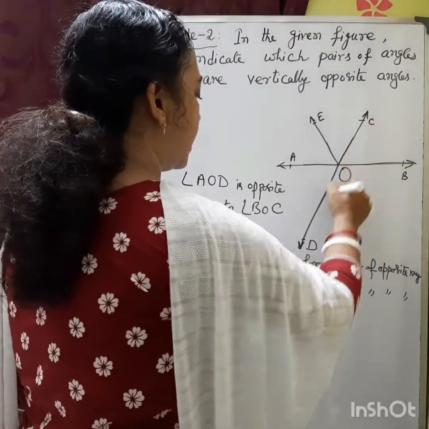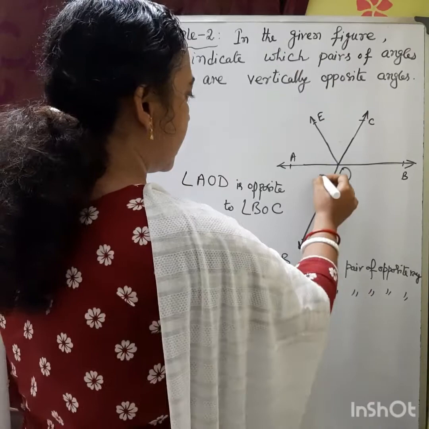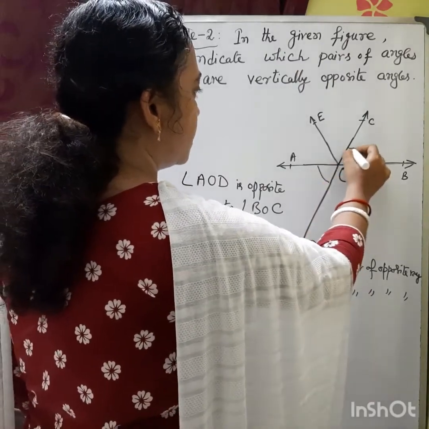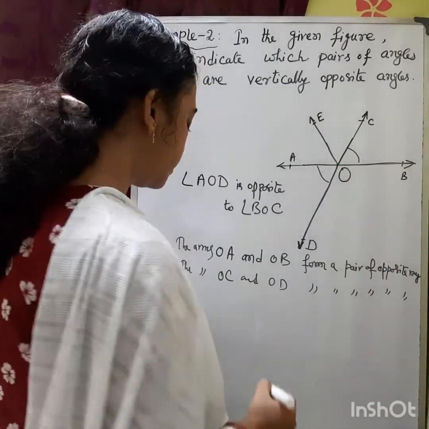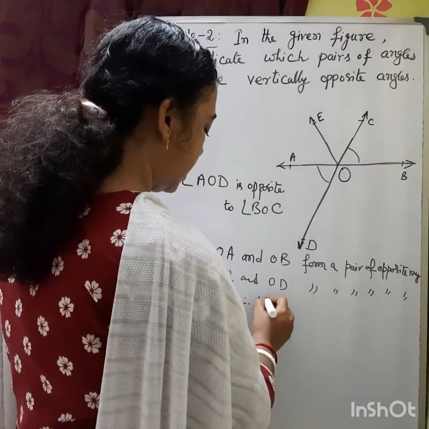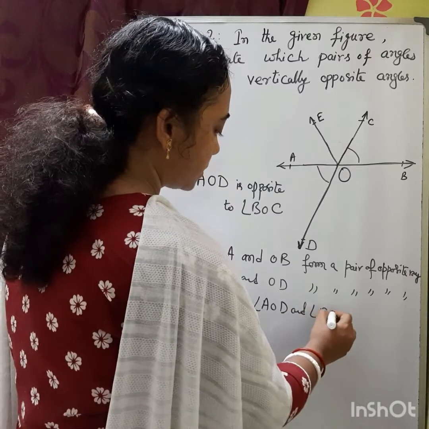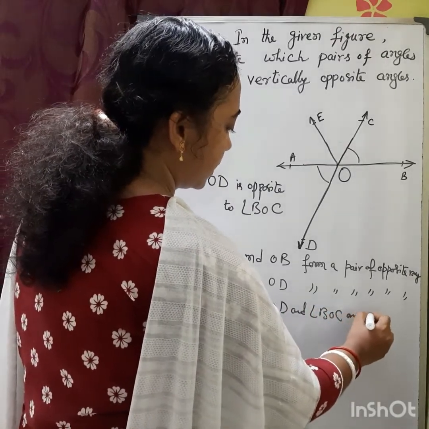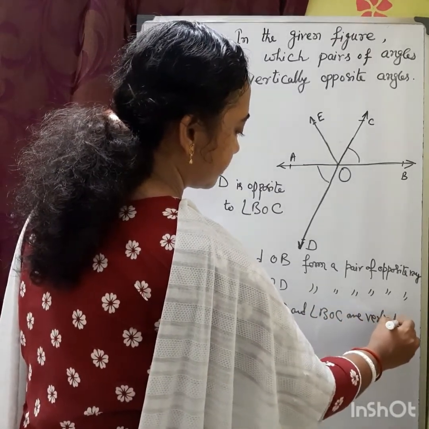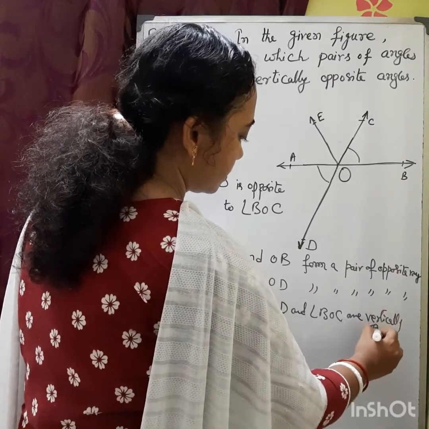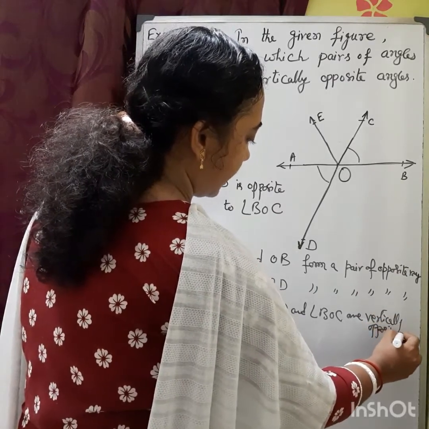So we can say that angle AOD and angle BOC are vertically opposite angles. Therefore, angle AOD and angle BOC are vertically opposite angles.